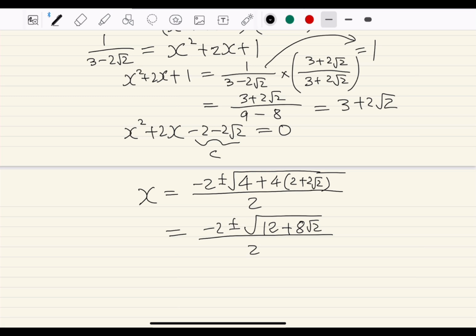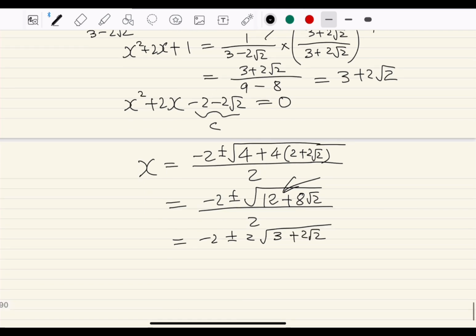Therefore, we have minus 2 plus or minus 2 times the square root of 3 plus 2 root 2, over 2. Now we can cancel out the 2, which leaves us with minus 1 plus or minus the square root of 3 plus 2 root 2.